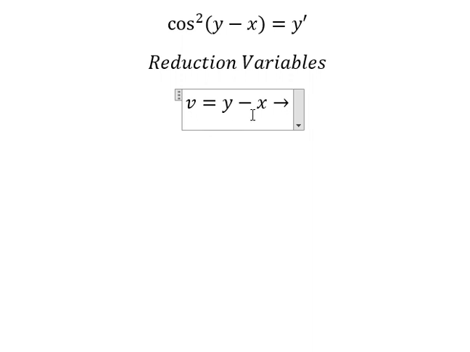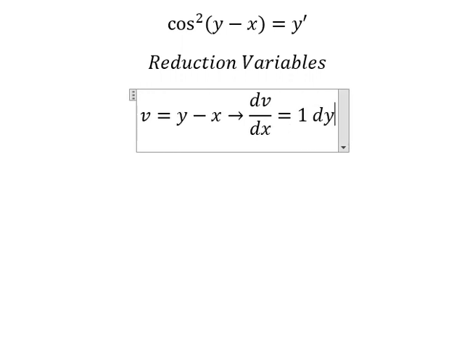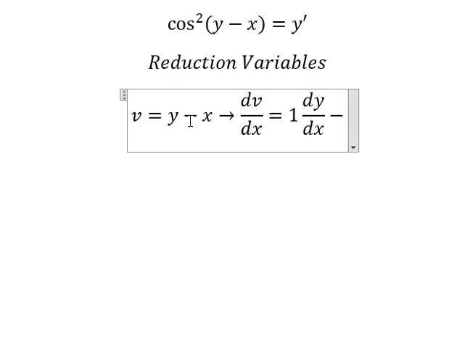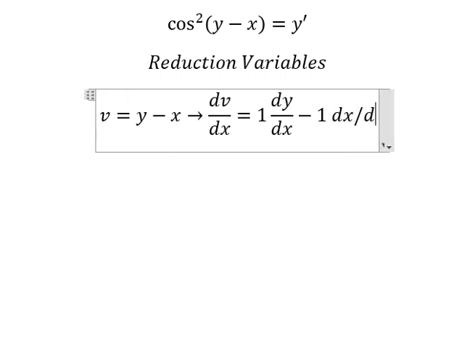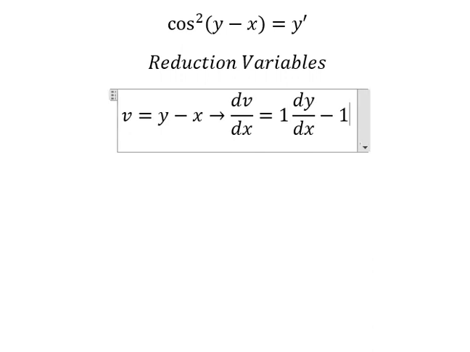Later we need to take the first derivative of both sides, and we have it like this. This one we have number one, dy over ds. This one we have number one, ds over ds. Because this one we can cancel, we can put it like this.